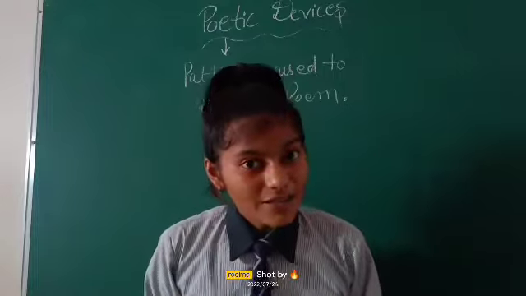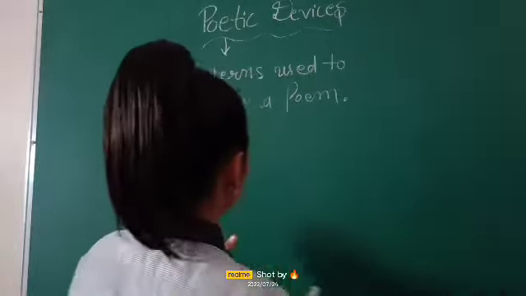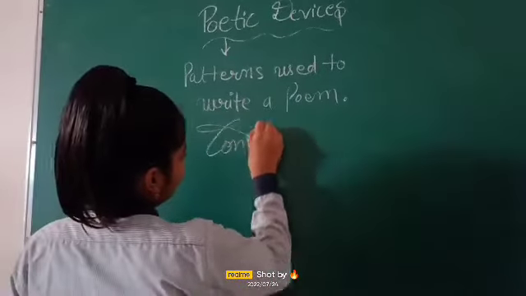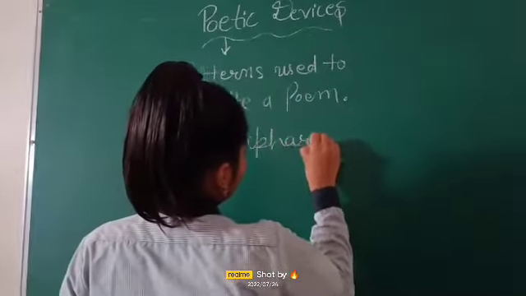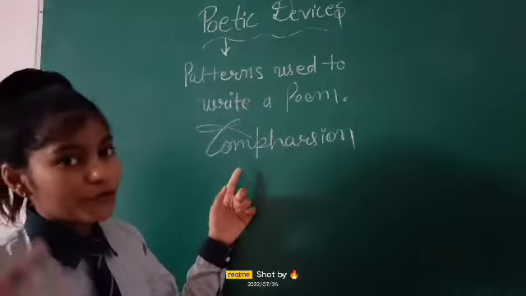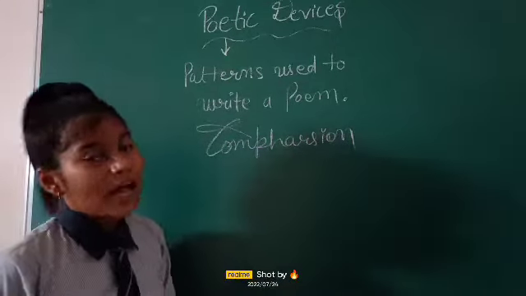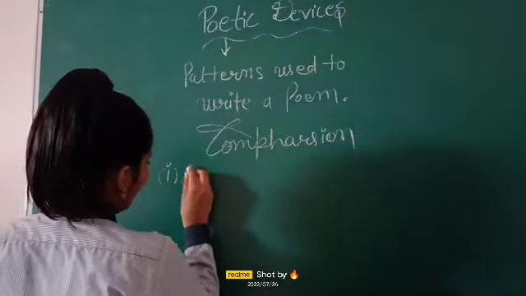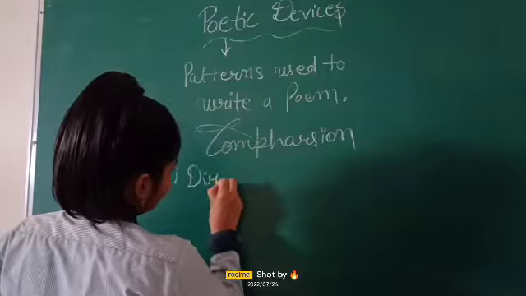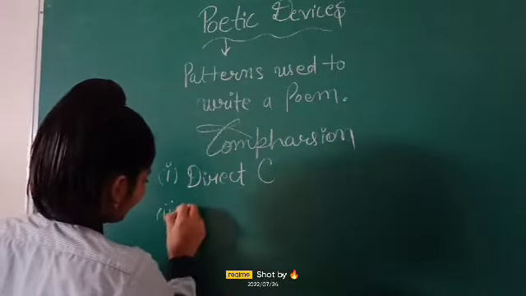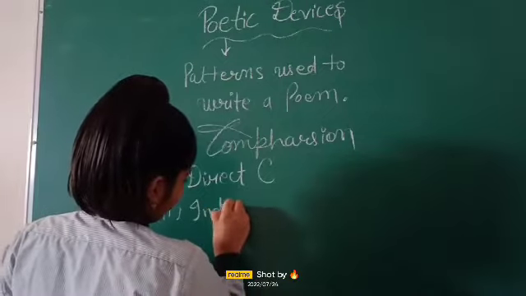Now comparison is of two types. So let's look at the comparison. Comparison is of two types, direct comparison and indirect comparison. So first we have the direct comparison, and second we have indirect comparison.